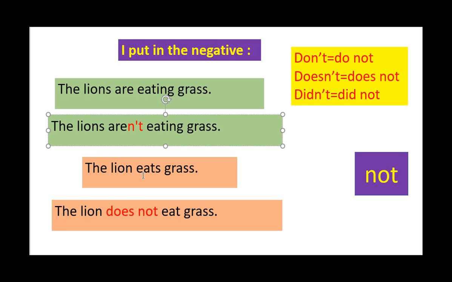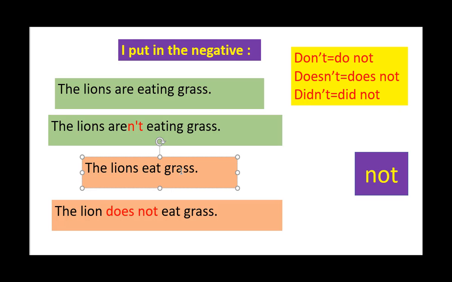It was the lion eats. What is the pronoun of lion? It. For the animals. He, she for people, but it for the animals. With it, the verb takes an S. Yes or no? But if we put the lions, plural of the lion, so what do we say? The lions eat. They eat. Yes or no? So the lions eat grass.